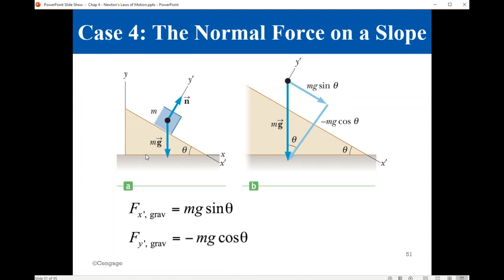If you want the net force, then you will take N into the picture. N plus this force adds to 0, so N in magnitude is equal to mg cosine theta. As for the other component parallel to the surface, it is mg sine theta.